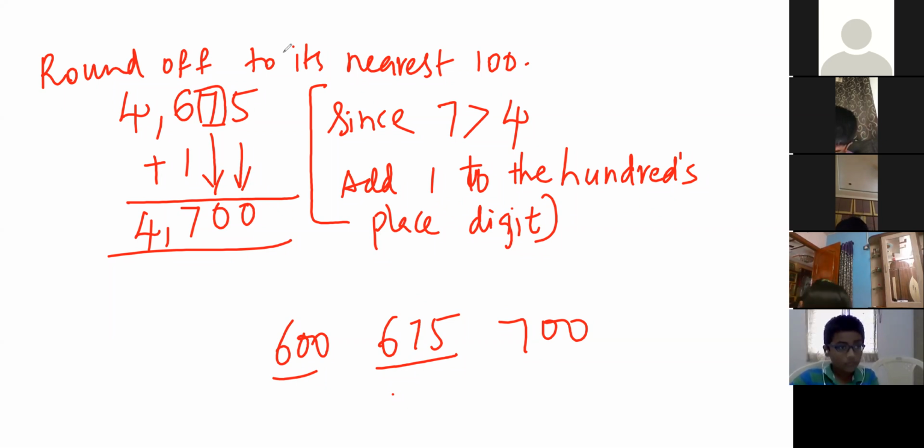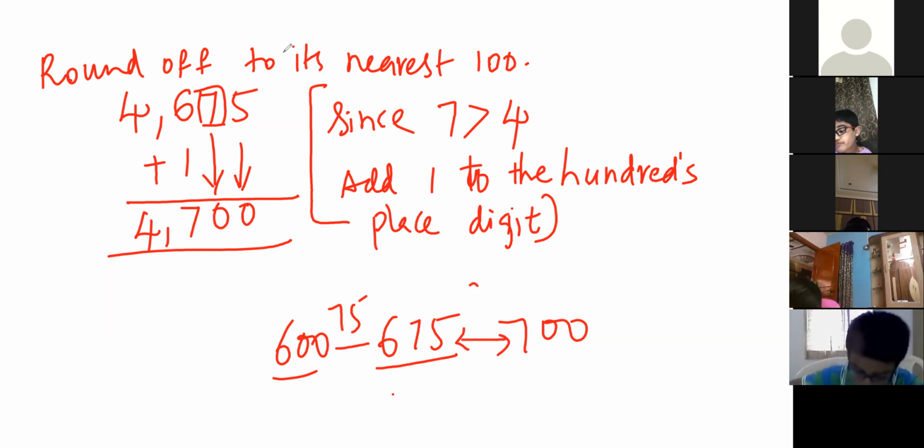Which one is closer to it? To reach from 600 to 675, we need 75 numbers. To reach from 675 to 700, we need only 25 numbers. Which one will be nearer? 700 will be nearer to 675. So we are choosing 700.